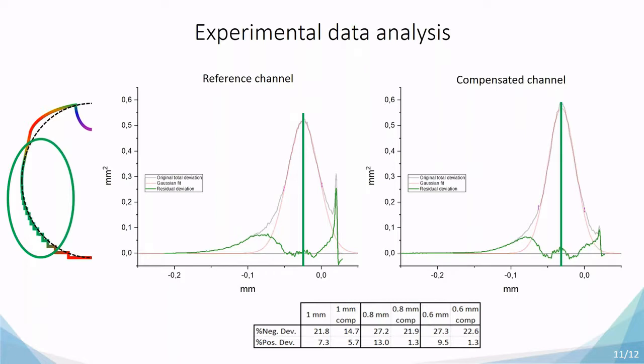The final consideration that we can make is that both for the reference channel and for the compensated channel, the Gaussian peak is shifted, it is not at 0. So the whole channel is slightly smaller than the CAD model.